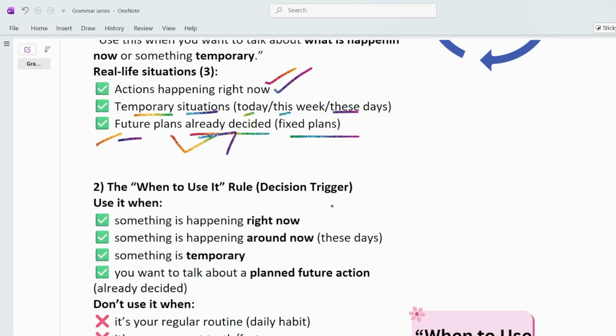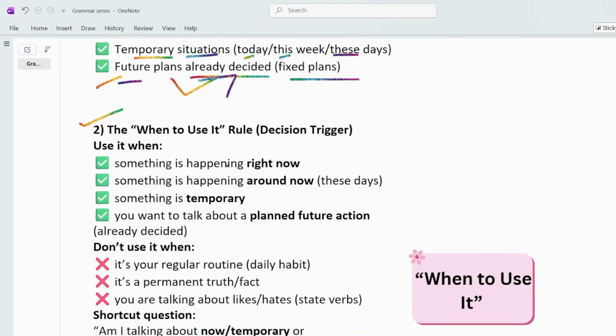All right, now let's look at the second section under this lesson: when to use it. A very important aspect to understand. Otherwise I call it a decision trigger. When do you decide to use present continuous as your communication tool?